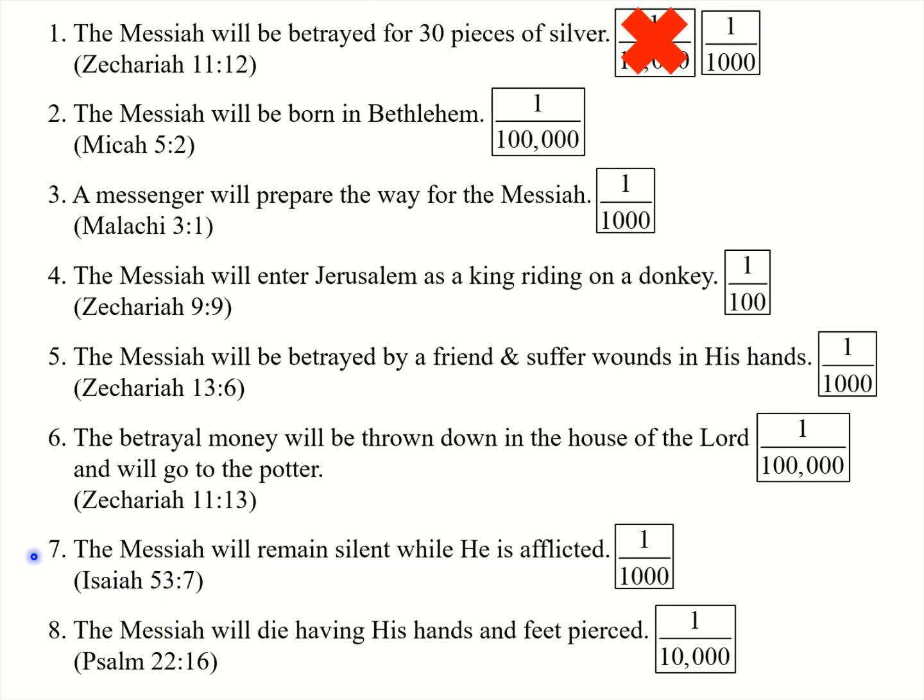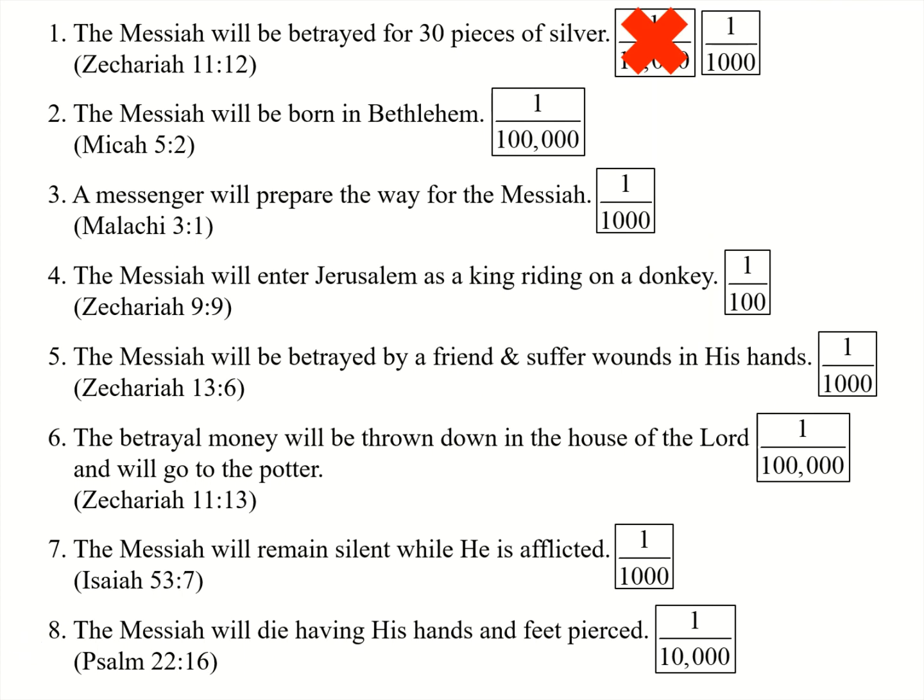So the probability of that happening is 1 over 1,000. And Messiah will die having his hands and feet pierced. 1 over 10,000, that came from Psalms. And this was before crucifixion became the big deal. So that was long before we had that.